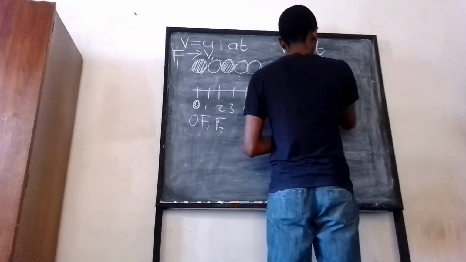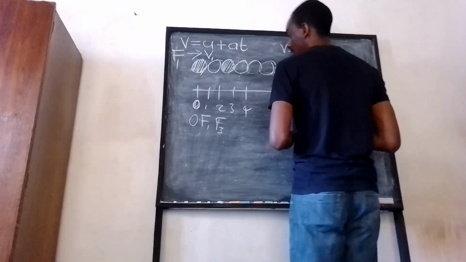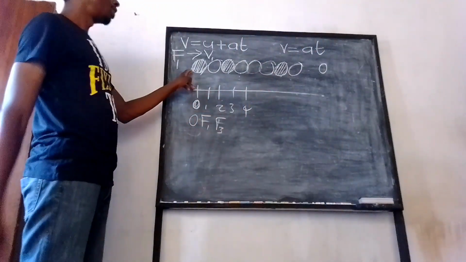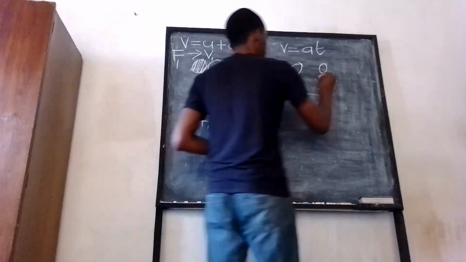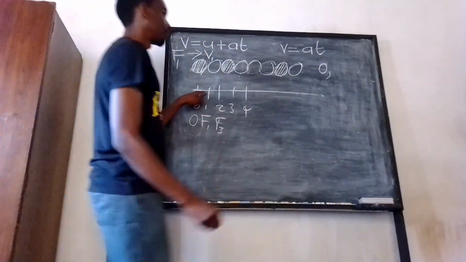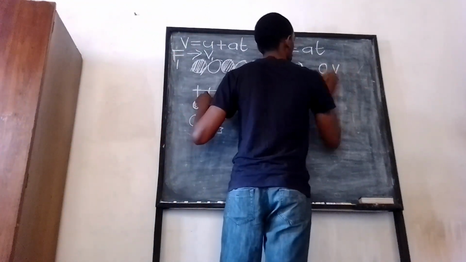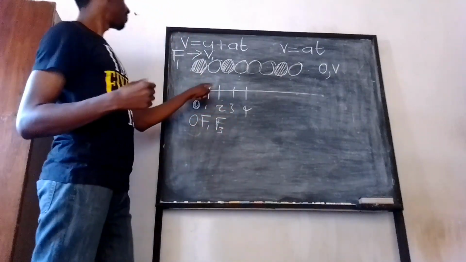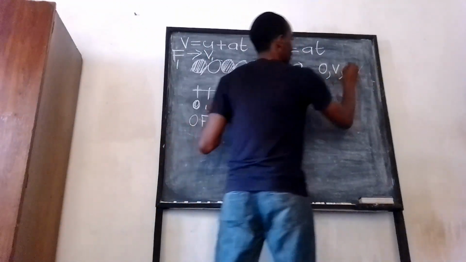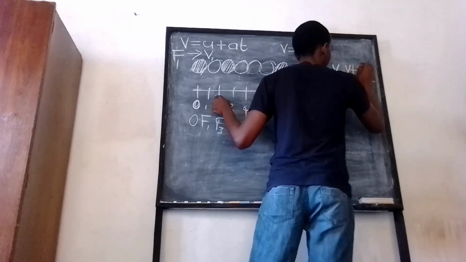So initially, let's do this. Initially, we had 0 velocity here. Then after the following instant, we get a velocity of v. And in the other instant, we get a velocity of what? v plus v.